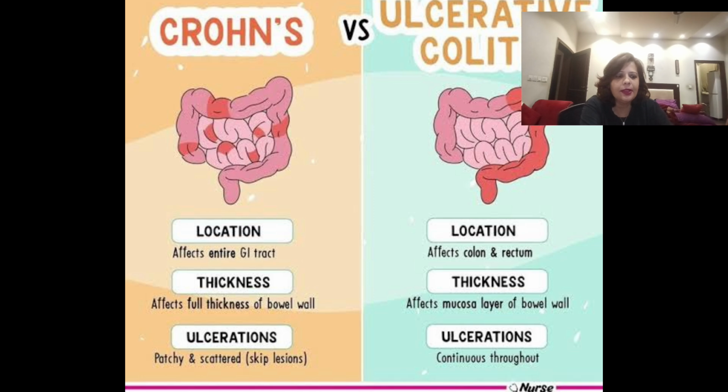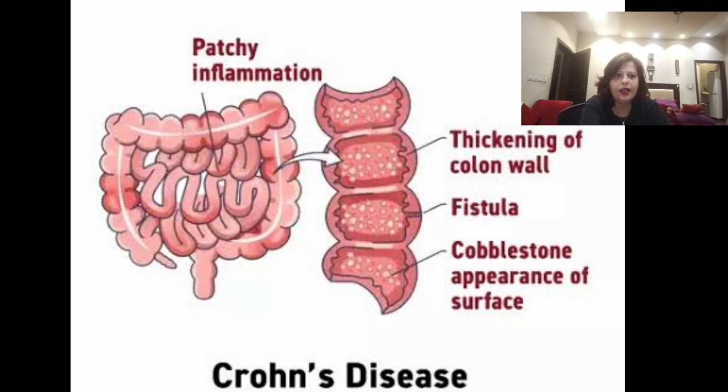As far as Crohn's disease is concerned, the inflammation is patchy in the intestine, and these are called skip lesions. And then location, as I've already told you, from mouth till anus, it can involve any part. Then inflammation is throughout all the layers of the intestine.